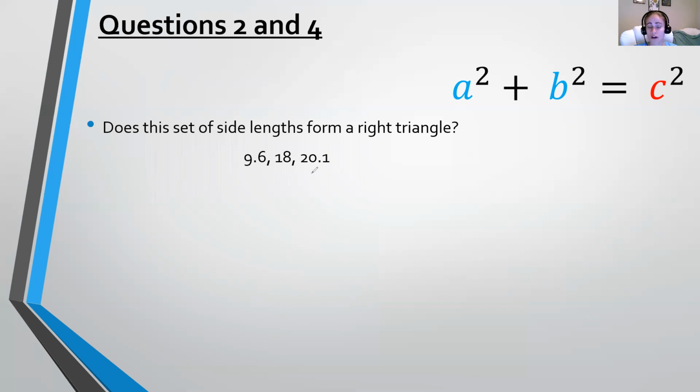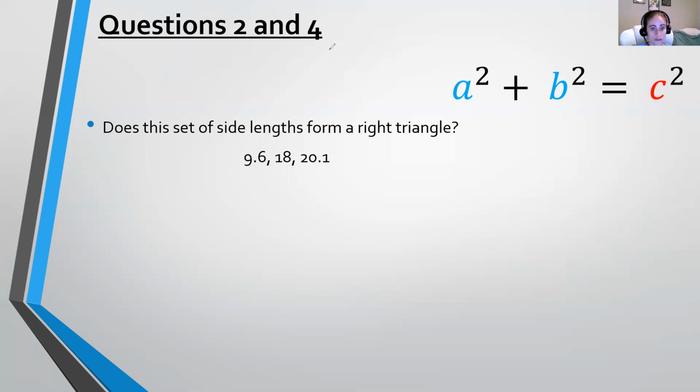Just like before, our very first step is to identify which 2 sides are our legs, our A and our B, and which side is our hypotenuse, our C. Our hypotenuse is across from our 90-degree angle, but it is also the longest side. So if we look at our 3 side lengths here, the longest side is going to be our hypotenuse.